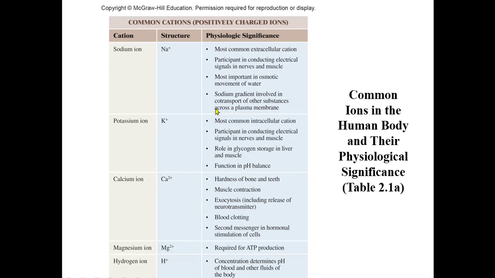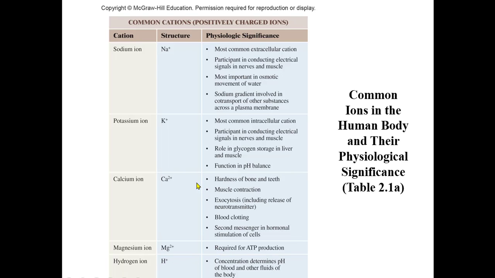So again, these are examples, all of these are positive. Sodium is in the first column, so +1. That's why I see only 1 there. Potassium is also in the first column, so +1. Calcium is actually in the second column of the periodic table, so it's a +2. Magnesium, +2. And as I said earlier, hydrogen was a +1 because it's in the first column.